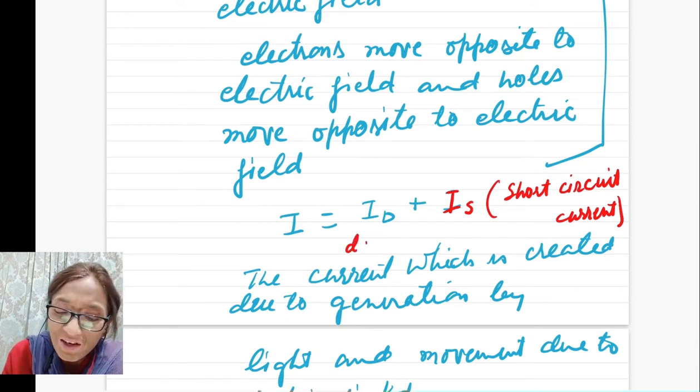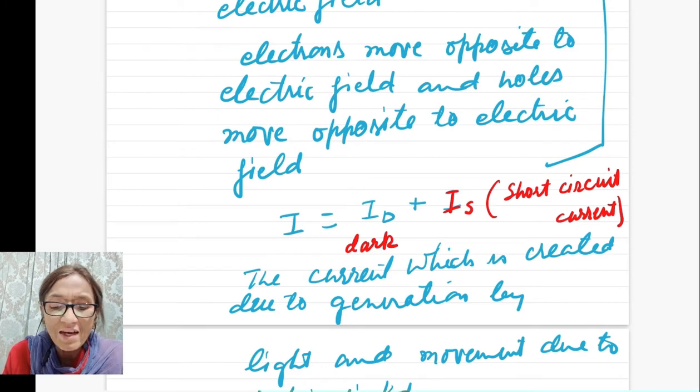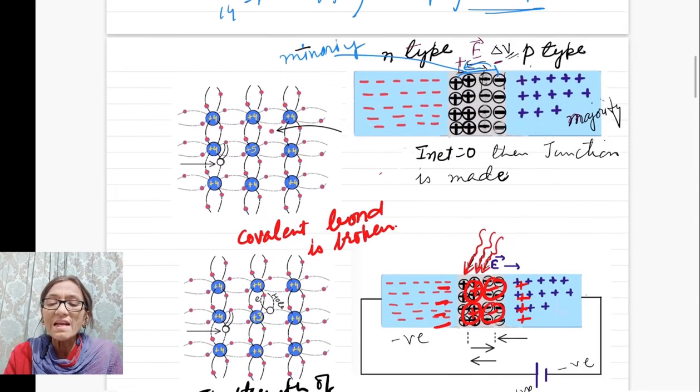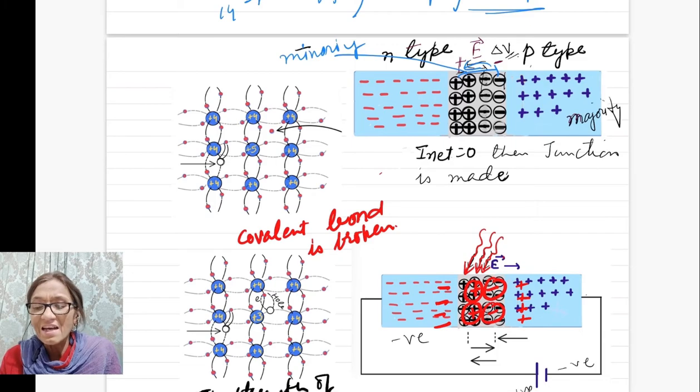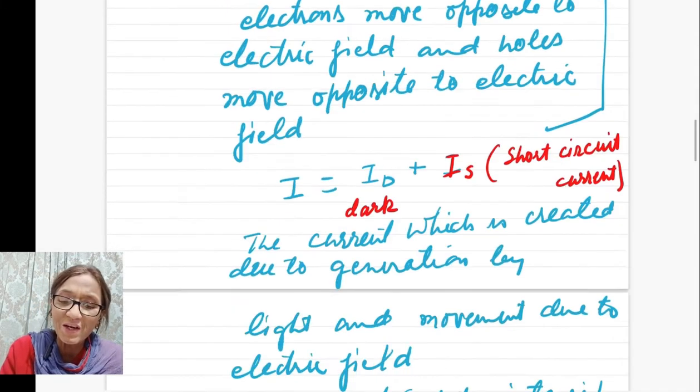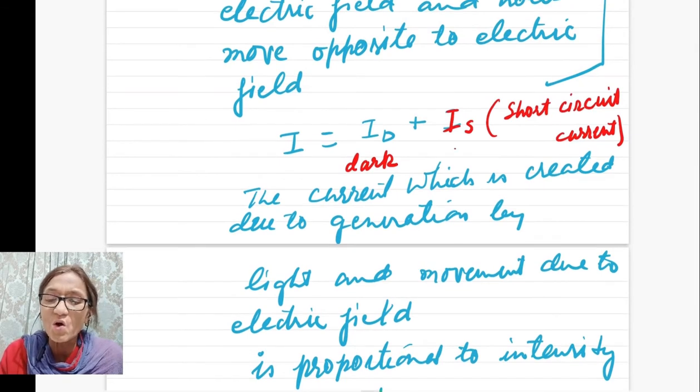D stands for dark. That was your dark current. And now due to illumination of EM radiation, some electron hole pairs are created and they are moving. So a new current is constituted, called short circuit current.